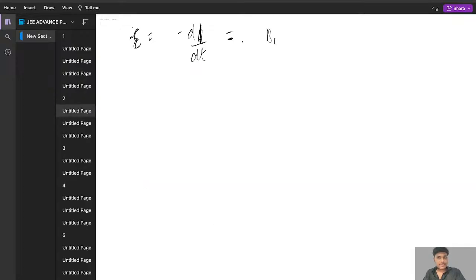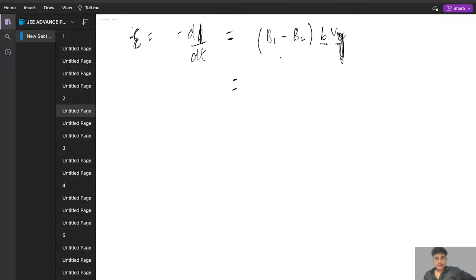So our flux is B1 minus B2, between the lower edge and the upper edge, into v in the y direction. You understand this? This is the area covered in 1 second when it moves in the y direction.